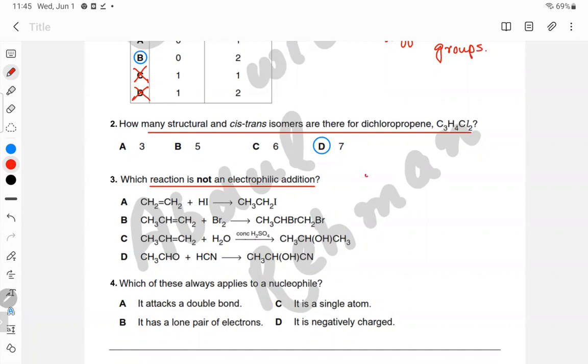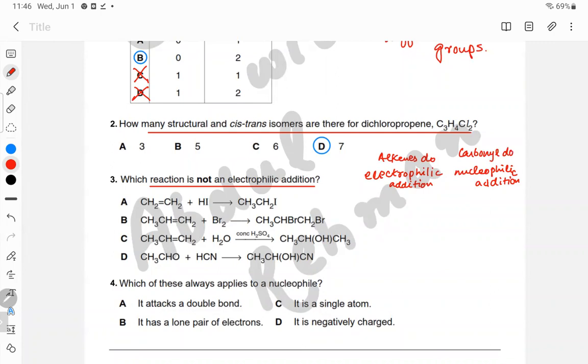There are two kinds of additions in our syllabus. One is electrophilic addition, and the second one is nucleophilic addition. Alkenes do electrophilic addition, and carbonyls, which means aldehyde or ketone, do nucleophilic addition.